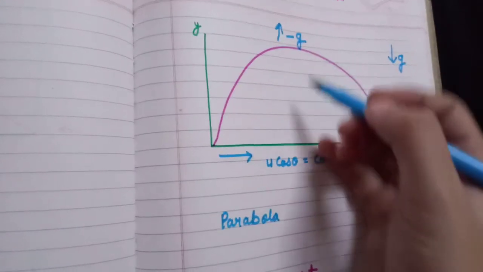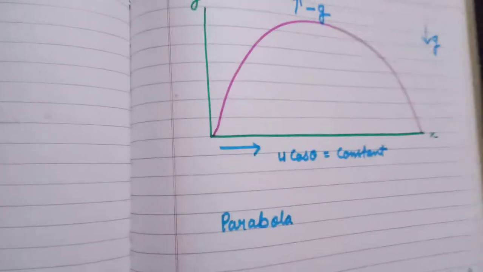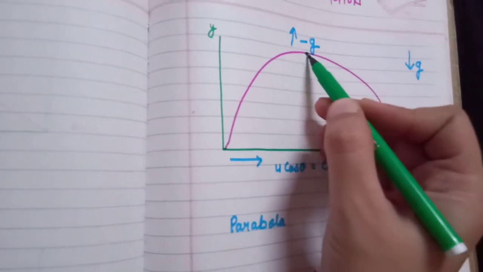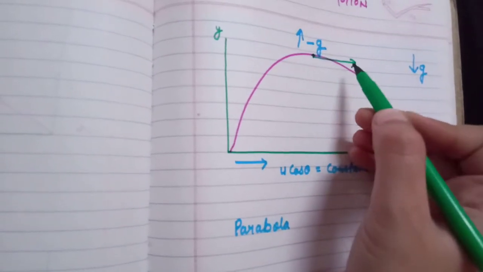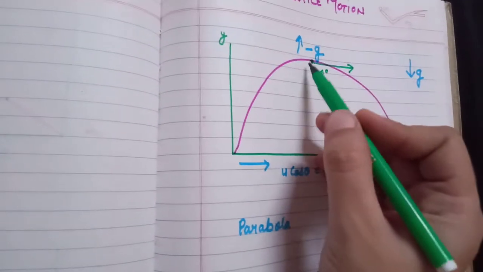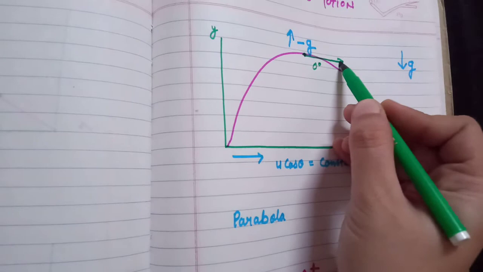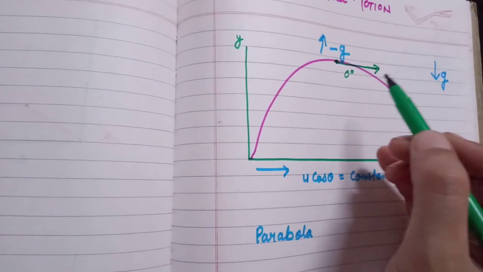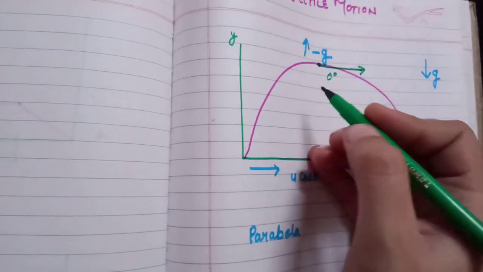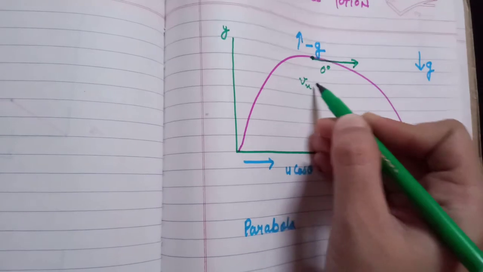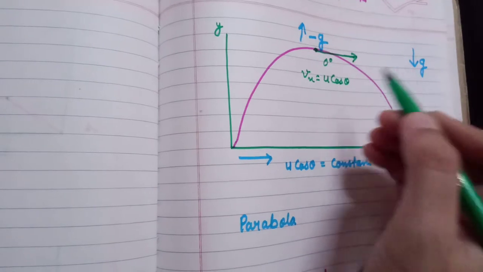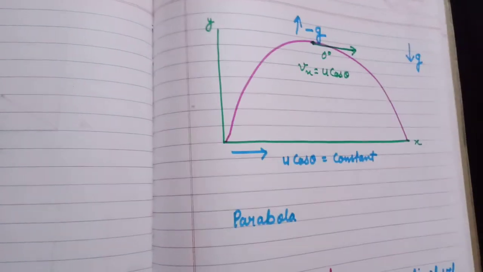At the highest position, the angle of the projectile with the horizontal is 0 degrees. Okay, this is horizontal and this is the angle of the projectile, so it is 0. Here the horizontal component of velocity Vx is equal to u cos theta, but the vertical velocity is 0 here.